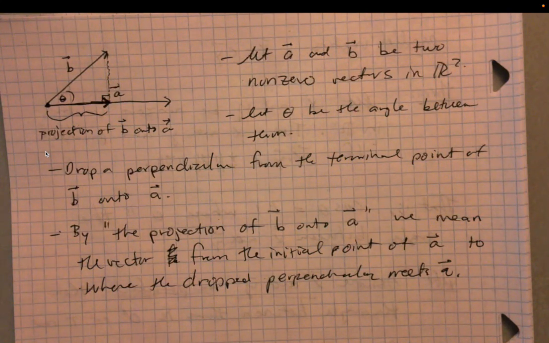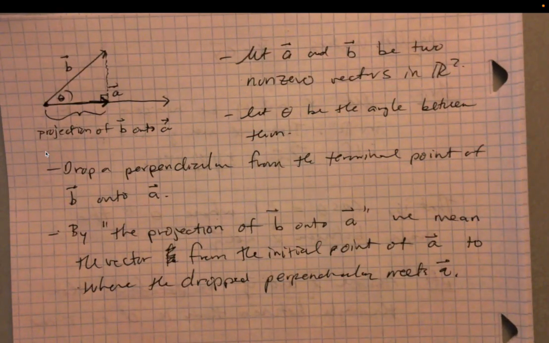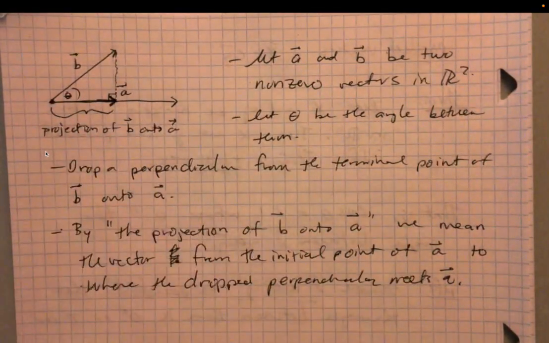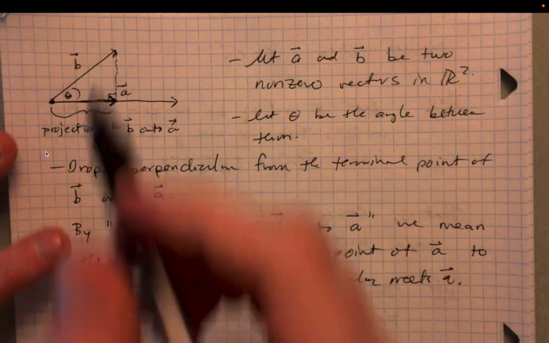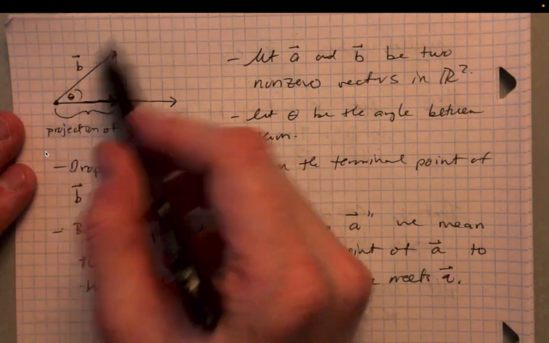So it's kind of a simple idea, but it can become complex if you let it. If you just think of it in this simple geometric sense, I think it's relatively straightforward. You've got a vector B and a vector A. They're joined at the tail, and there's some angle between them.